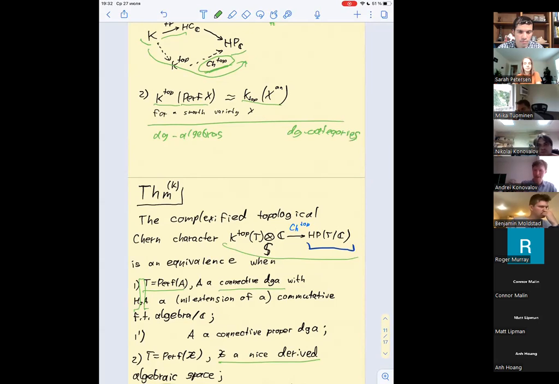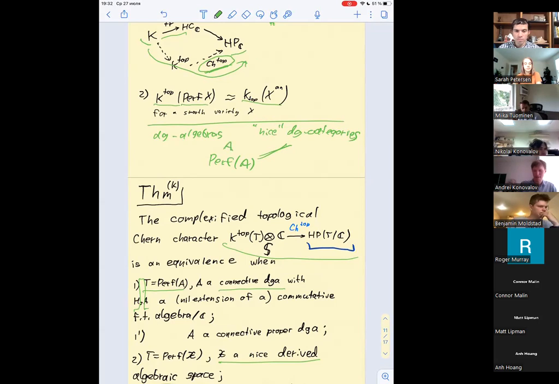Whenever you have a nice dg category, and nice is a really mild assumption, then it's actually equivalent to the category of the form perf A, where A is just some dg-algebra.